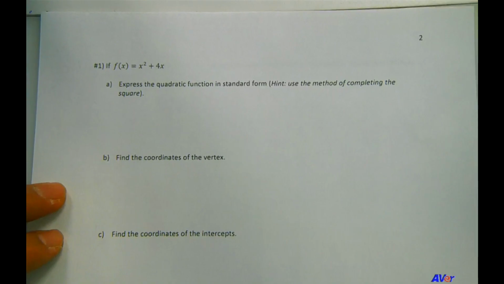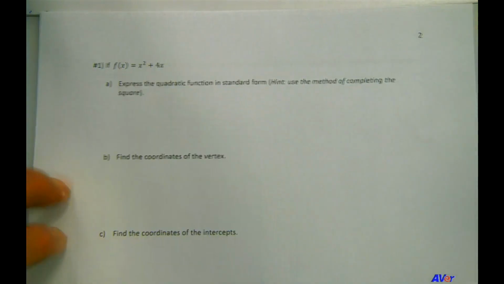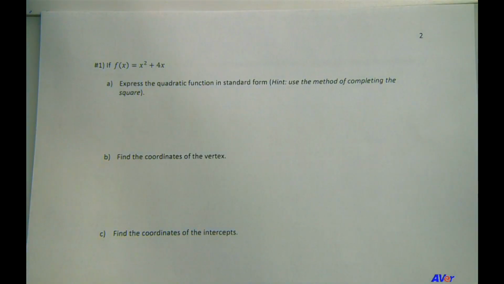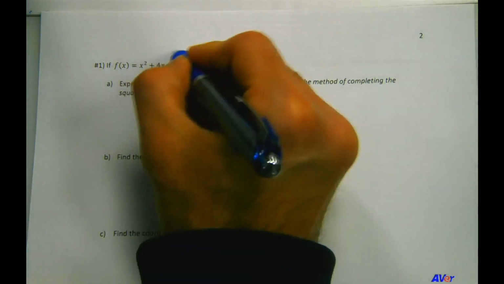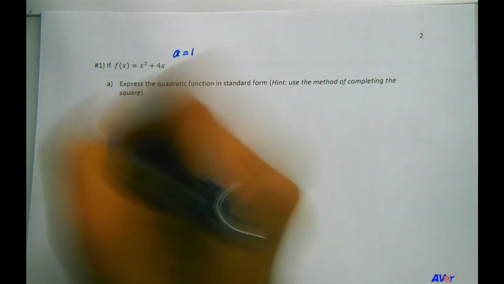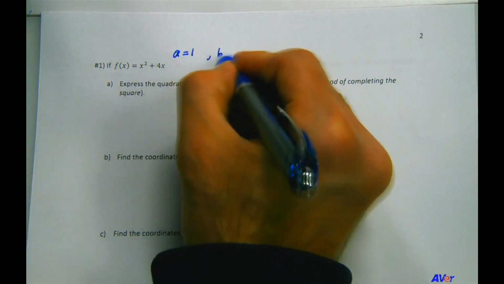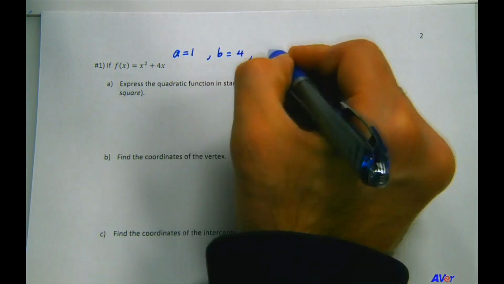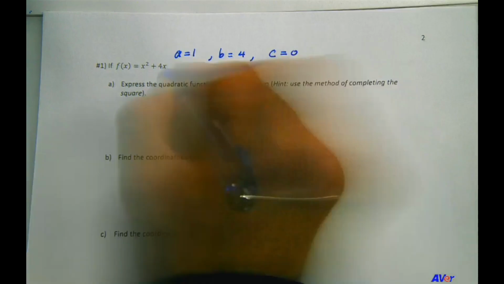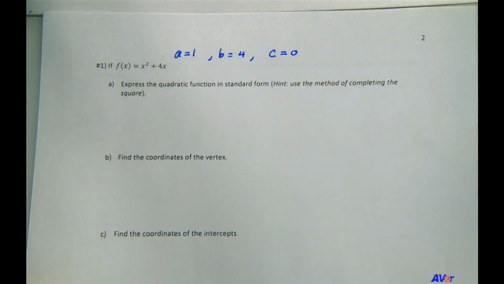Okay, so here we have a quadratic function. Right away, a is equal to 1, b is equal to 4, and c is equal to 0, right? The constant is missing.